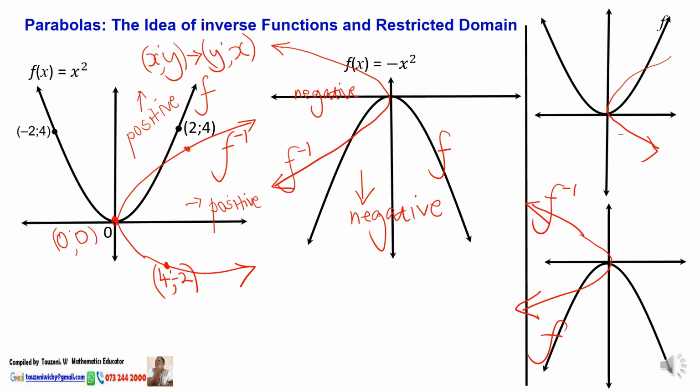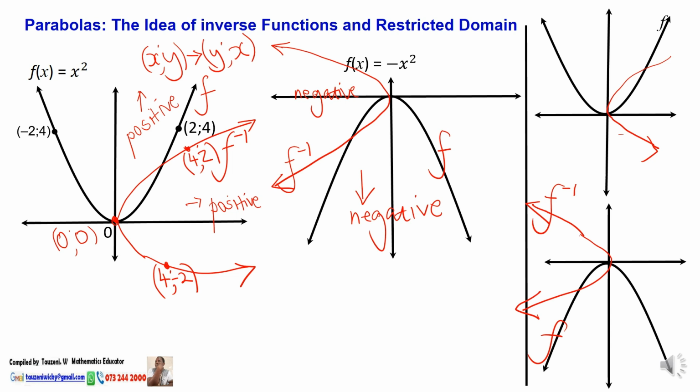My inverse will pass through (4, 2). That is the graph and its inverse. If you are given coordinates on the graph, you swap the coordinates to get the coordinates of the inverse function.